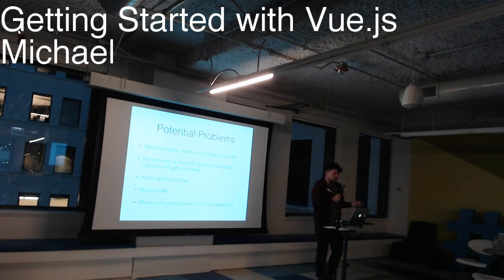So the potential problems of this approach, which I can speak to all of these first. A lot of times, as your application starts to get bigger, you're going to run into this issue where you have a parent and it renders this child. Well, this child just so happens to render another child, and so on and so forth. But what if the bottommost child of this hierarchy needs this piece of data that comes all the way from the parent?